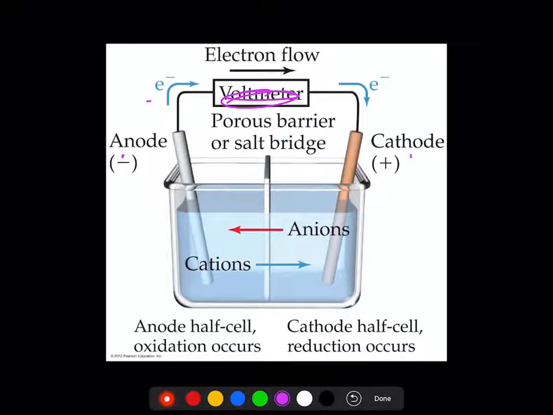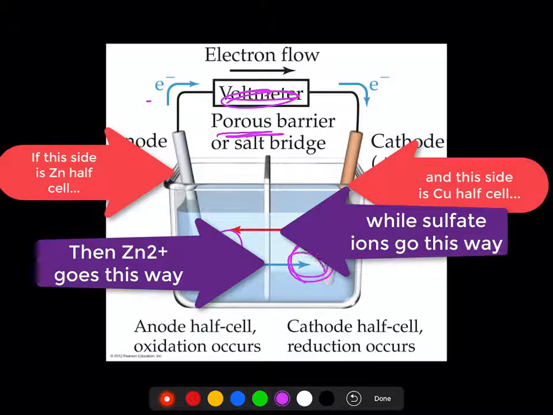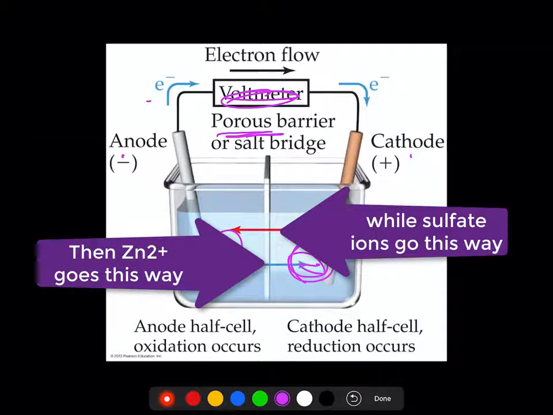We have our half cells, but instead of a salt bridge that contains an inert ionic solution, here we just have a porous barrier, where porous for our purposes means ions can go through, but water cannot, which means that here we already have a solution of ions. So as we produce cations on one side and consume cations on the other, we can get the migration of the necessary ions through the porous barrier.